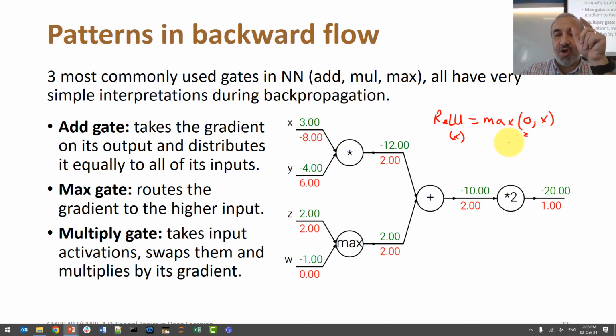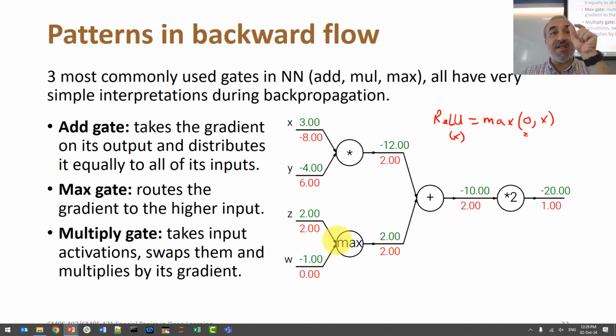And we said we know how the max gate works, right? So for example here, let's say this is a gate that takes the maximum of z and w. The value of z is 2, the value of w is -1. So what is the local derivative with respect to z? This is the max, right? We said the derivative of the max depends on which value is the maximum.